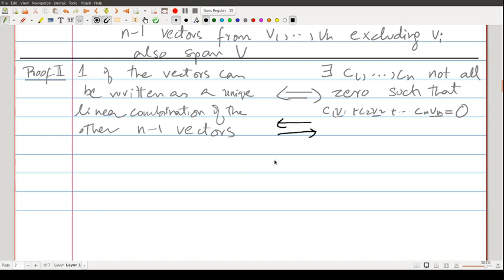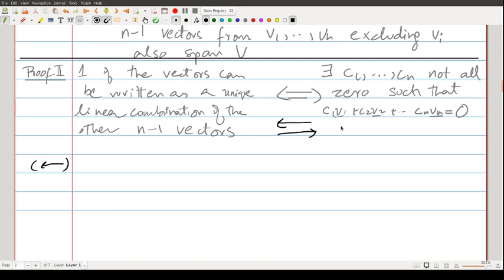Or we can go in this direction and say that you can write it as a unique linear combination of the other n minus 1 vectors, and then show that this condition holds, right? And so first let's start from this to this. So let's go in this direction and show that if this condition holds, I can write them as a unique linear combination of the other.